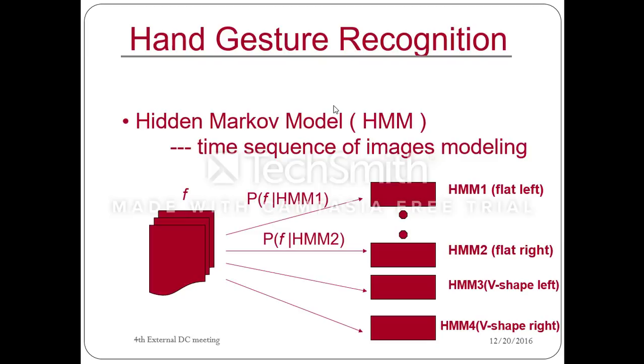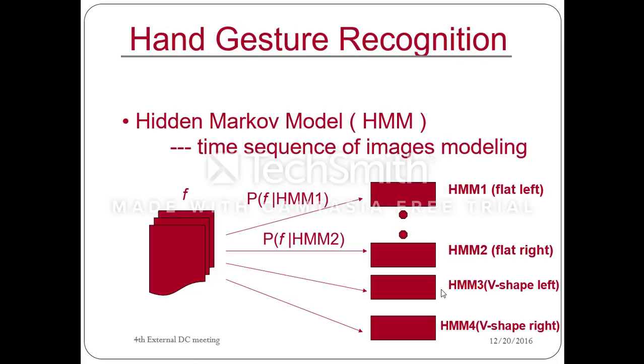Now the hand gesture recognition system. Our main motto is to detect motion and its sequences. For HMM, there is a major database: HMM1 is flat left, HMM2 is flat right, HMM3 is V shape left, and then right shape.